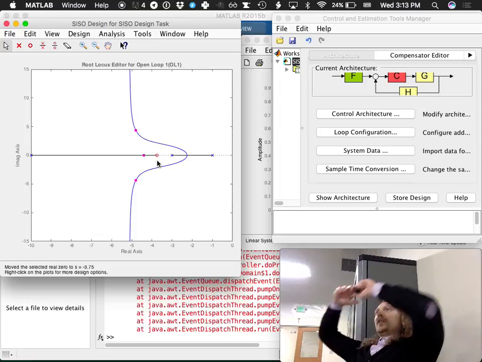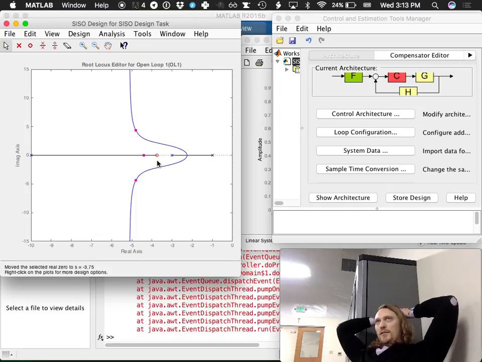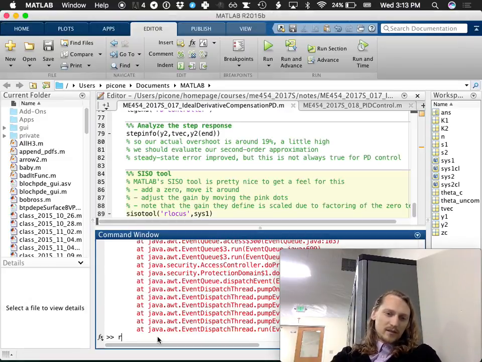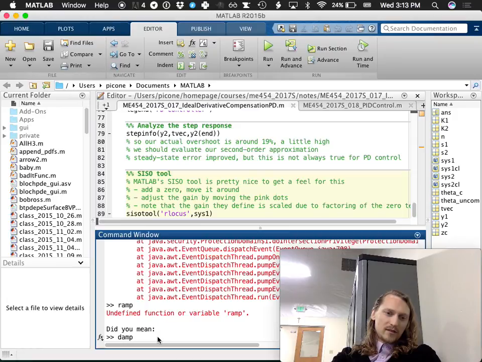Yeah, that would work too. I don't know if it might have a toolbox that has ramp. I feel like I've seen ramp before, and it might just be tucked in a toolbox. Yeah, I don't have the toolbox if there is a toolbox.